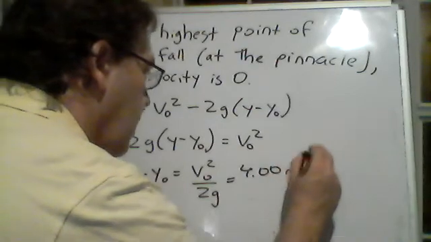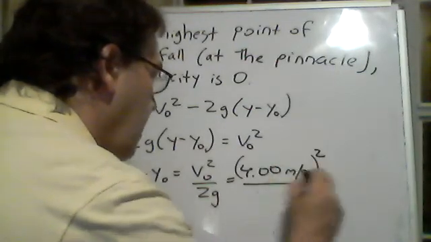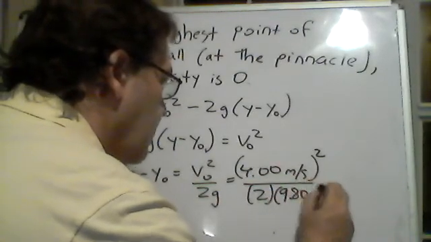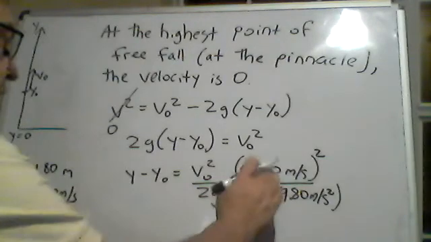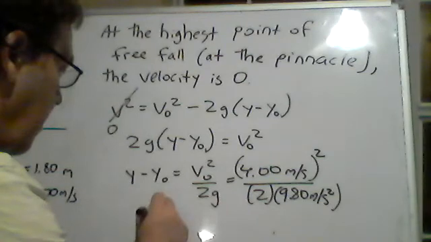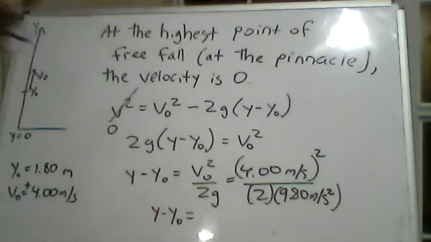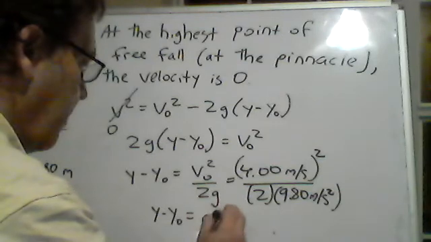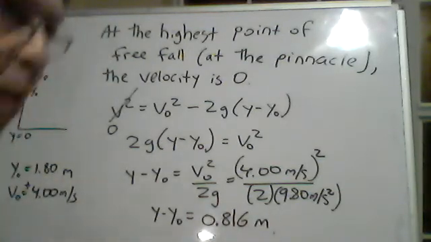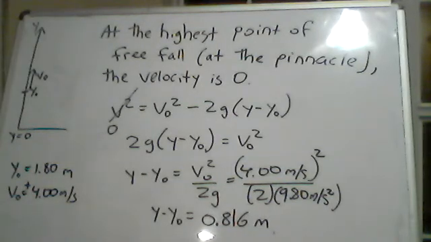If I take 16, which is 4 squared, divided by 2 divided by 9.8, I will find out that y minus y naught equals 0.816 meters. Again, that is her highest point above the board. Not above the pool, above the board. That's the displacement from her initial position.